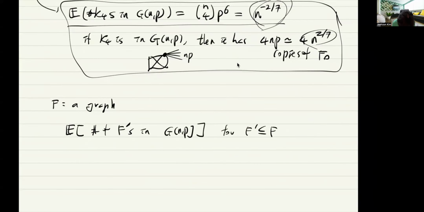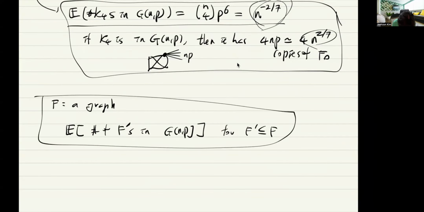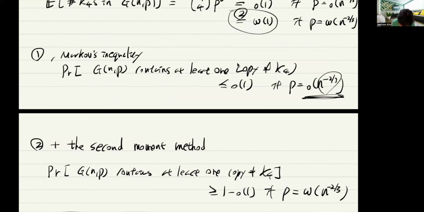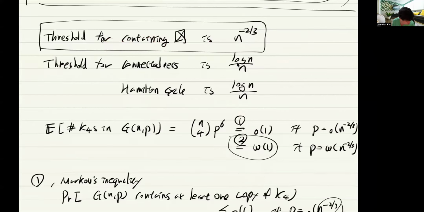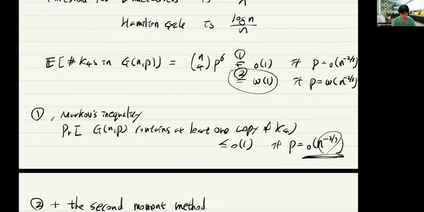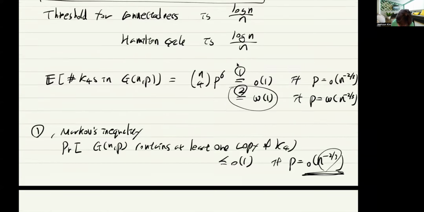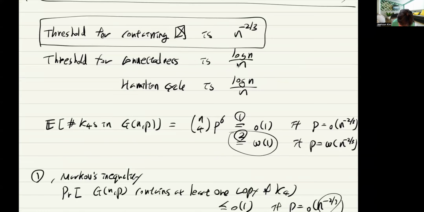In fact, it is known that for fixed F, like this case of K4 or K4 attached with one leaf, that's a fixed graph.